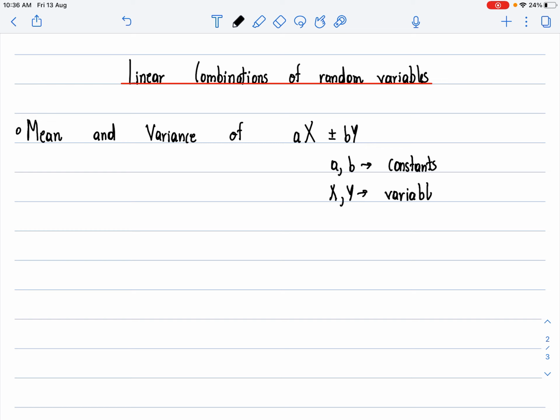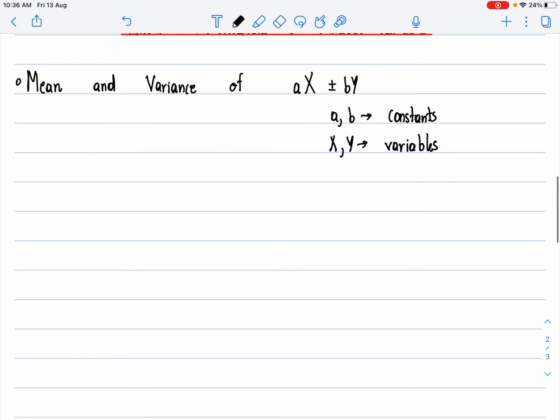Now, in these type of questions, I'll tell you what will be provided, so that you're 100% sure. They'll give you the E of X and the variance of X, of the independent variable. Note that X and Y are independent variables. Later, in the next video, we'll do independent observations.